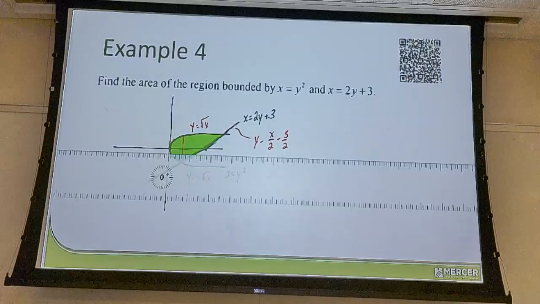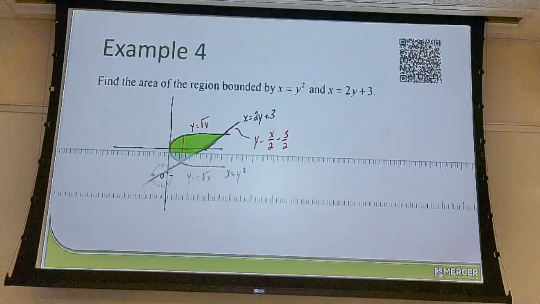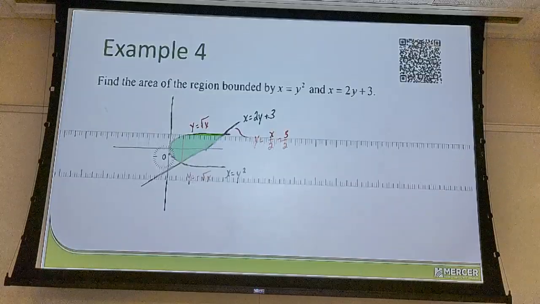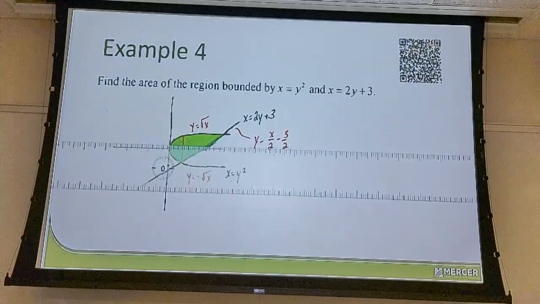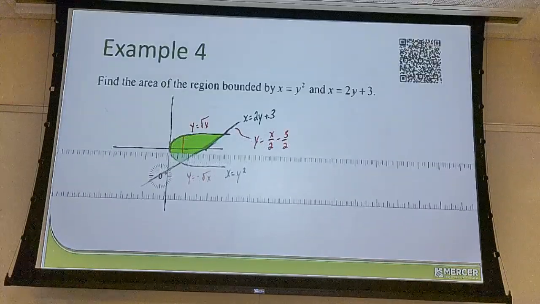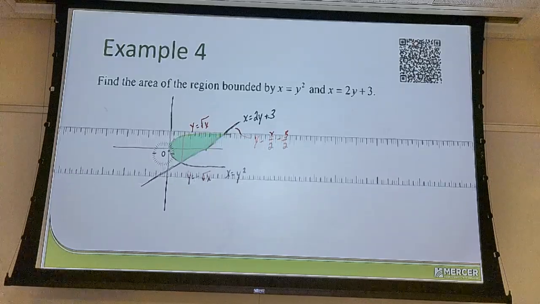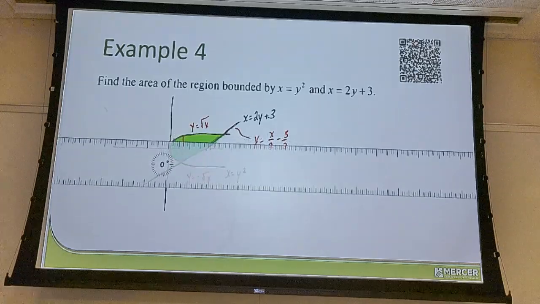So it goes from what to what? X equals 2y plus 3 is the upper bound, and then x equals y squared is always the lower bound. Now move that. The same. As it moves through that region, does it ever change? So that would be a single integral.